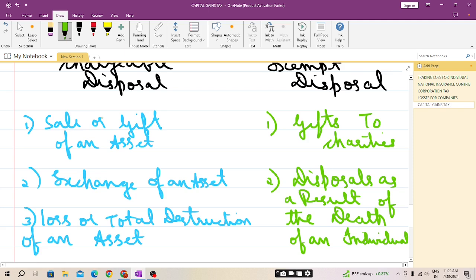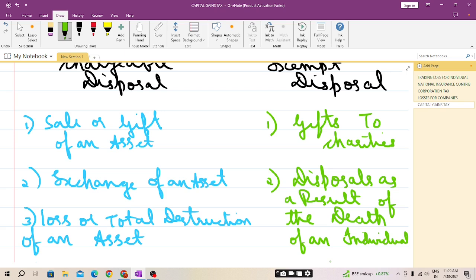If, students, there is a sale of an asset, it will be CGT. And if it is a gift of an asset while the individual is alive, if the person is alive and he is gifting it, it will be applicable for CGT. Disposal means sale or gift, both, students. So disposal means gift as a result of the death of an individual will be an exempt disposal.